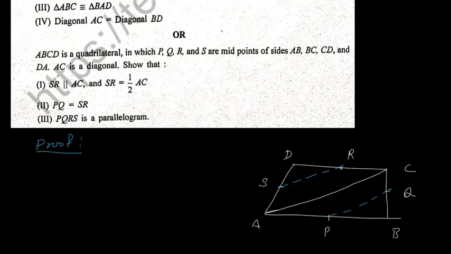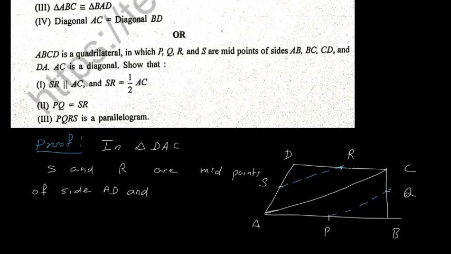I will say that in triangle DAC, S and R are the midpoints of side AD and side DC.